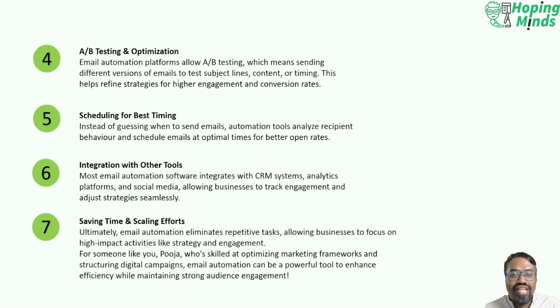This helps refine strategies for higher engagement and conversion rates, and we can make a proper strategy moving forward on when and where to send the email to which segments, right? So A/B testing and optimization becomes very useful in this field.